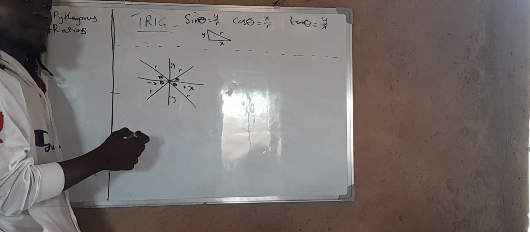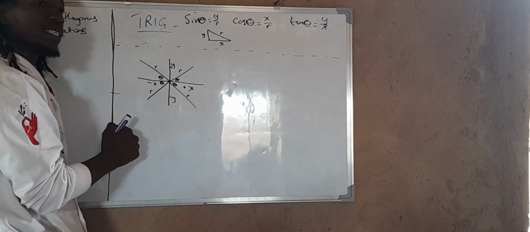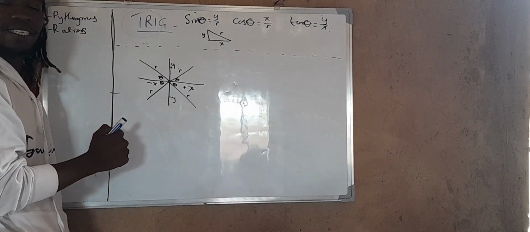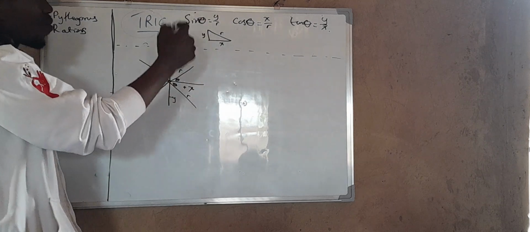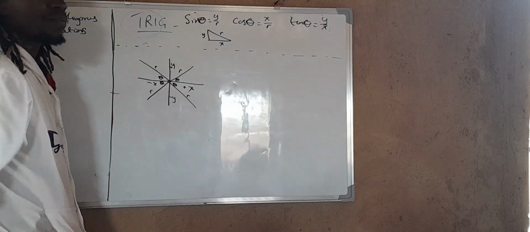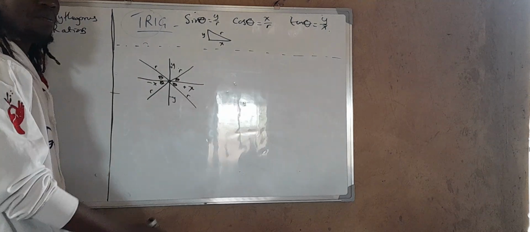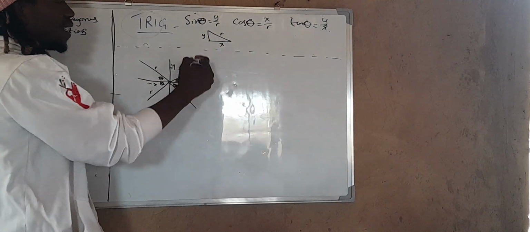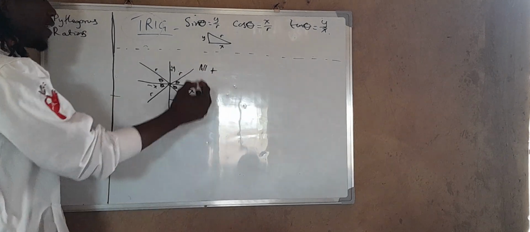It is x over r, and x is positive, r is always positive, so our cos theta is positive. If we're talking about tan theta in this quadrant, y is positive and x is positive, so tan theta is also positive. So in the first quadrant, all ratios are positive, right?